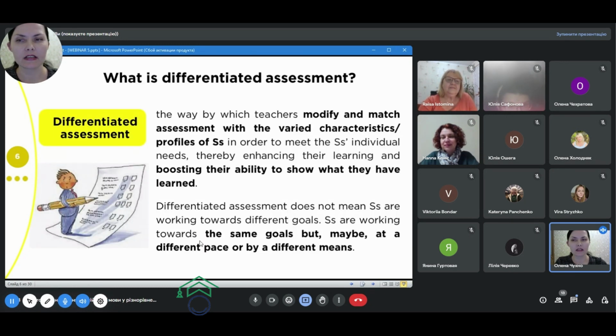So, what is a differentiated assessment? Differentiated assessment can be defined as the way by which teachers modify and match assessment with the varied characteristics, or we can say profiles of students, in order to meet their individual needs, thereby enhancing their learning and boosting their ability to show what they have learned.